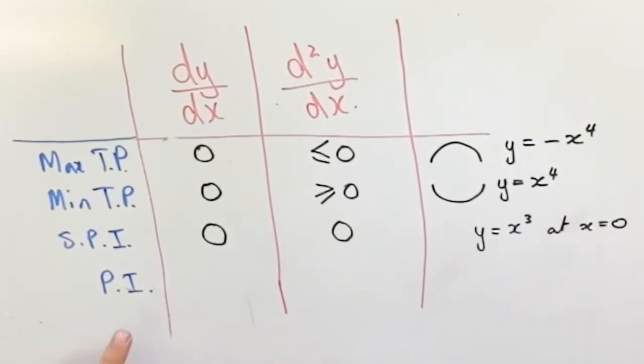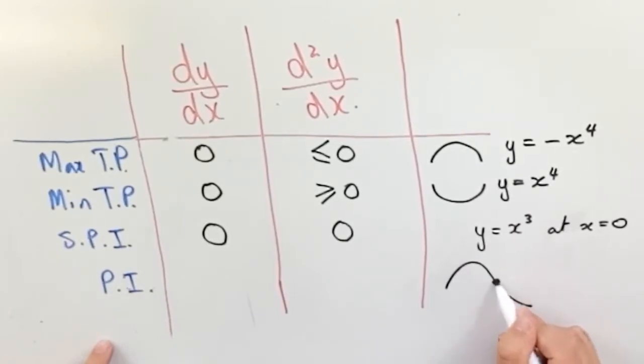Okay, point of inflection. You get points of inflection that aren't stationary. So this is just where you have a change in concavity. So if you're going from a maximum to a minimum, there's a point in here somewhere that's a point of inflection, a change in concavity from concave down to concave up.